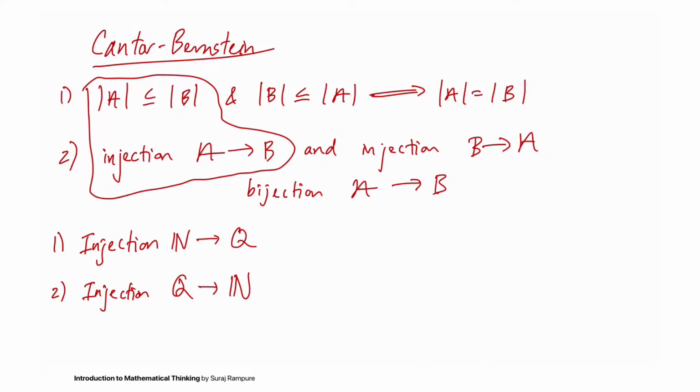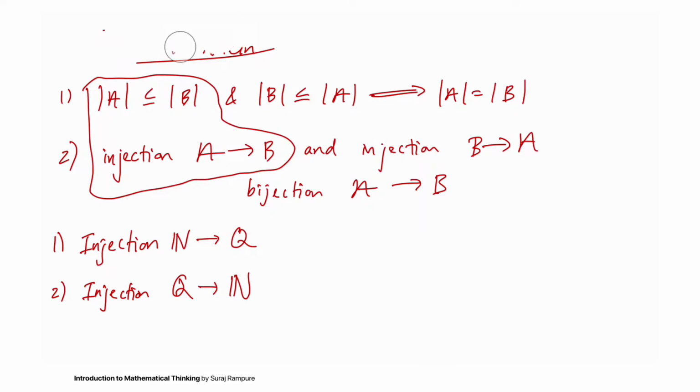And the reason is, it's much easier to find 2 separate injections in this case than it is to construct a bijection, okay? Since the rationals are indeed countably infinite, a bijection does exist by definition, but it's much easier to prove this statement in the way that we're going about doing it now.